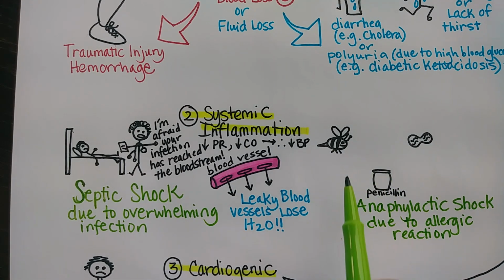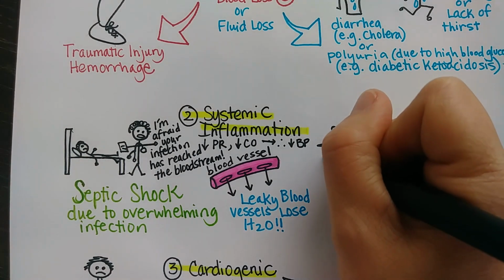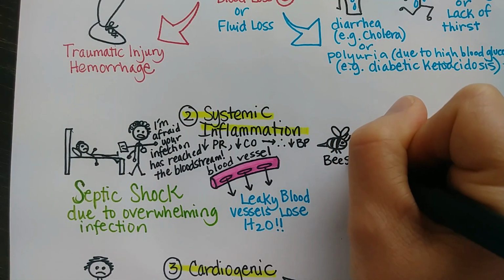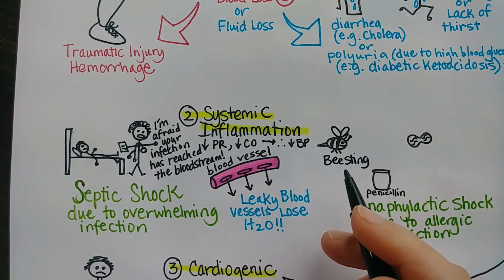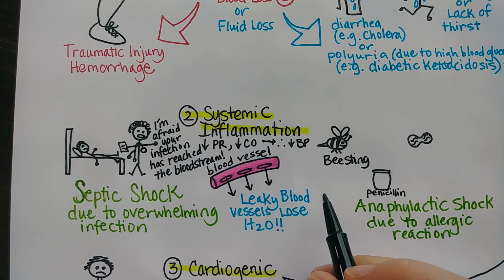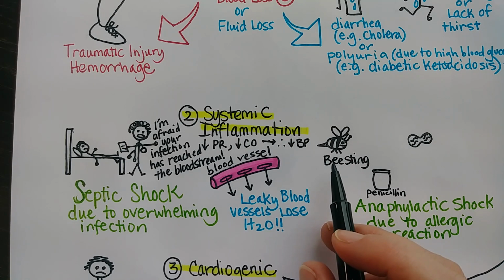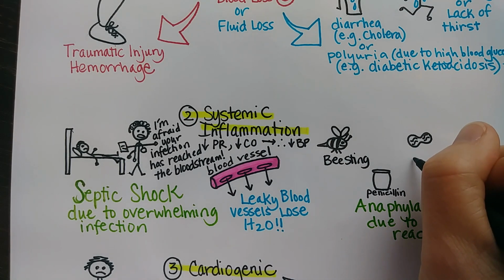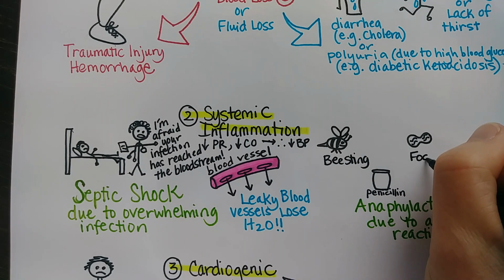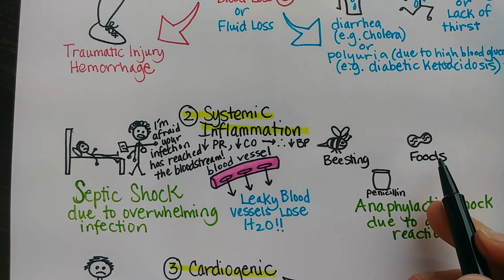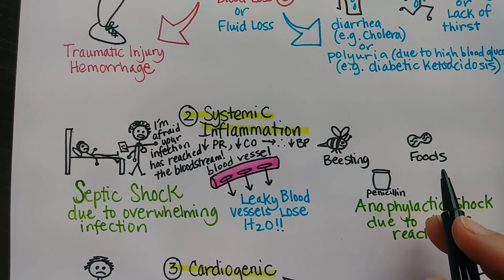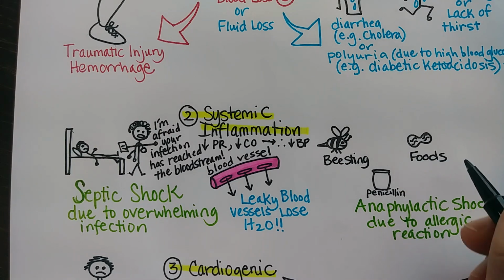And I have on here some different examples. So I'm going to use my black pen again. For example, a bee sting is a classic one, but it could be an insect bite, or it could be venom even. Could be a variety of different sorts of things like that. Foods, I have here a drawing of a peanut, which is a classic one, but it could also be a variety of other kinds of foods.